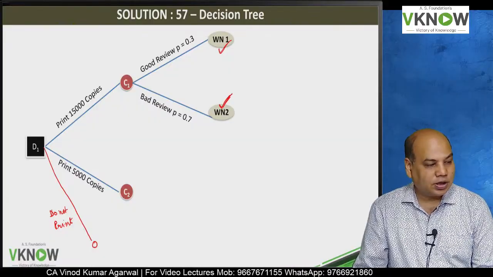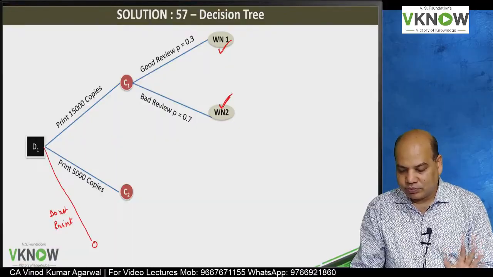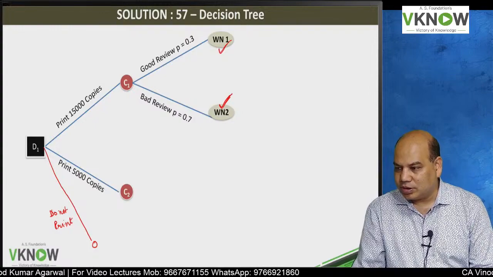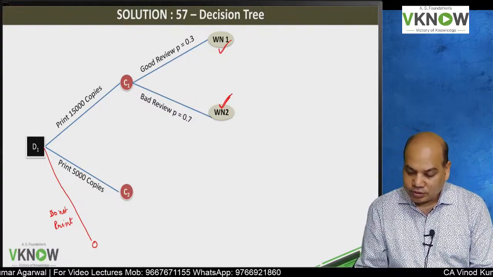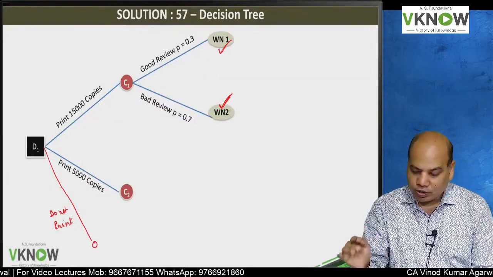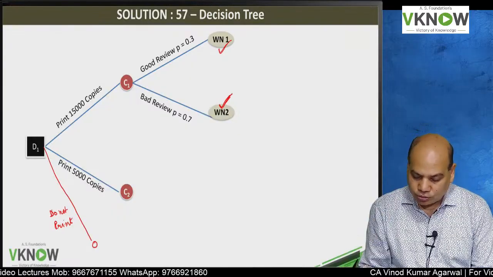Therefore, it is better to prepare a working note. If I write here so many things, the diagram will become very messy. Now write down bad review 0.7 is the probability, and the monetary value will be in working note 2.